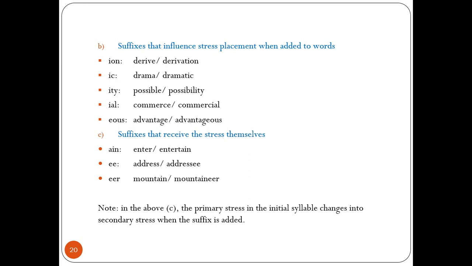In ee, the last one, it becomes the strong stress, which means the primary stress. And likewise we have mountain, the first mount, and then the second tain. So the first is stressed, but when it was suffixed, the last receives the primary stress and the first becomes a secondary stress. Okay, fine.